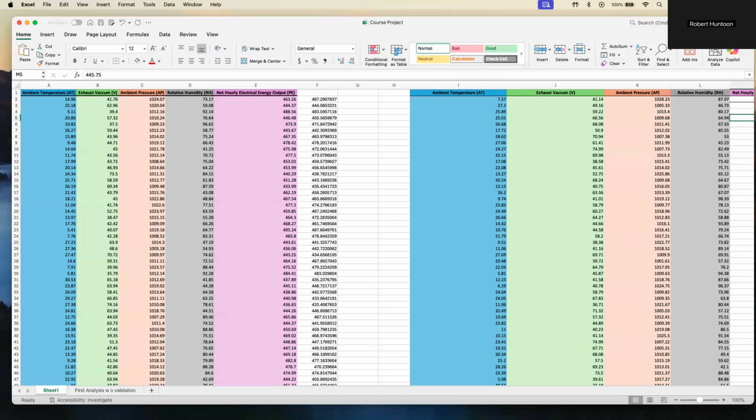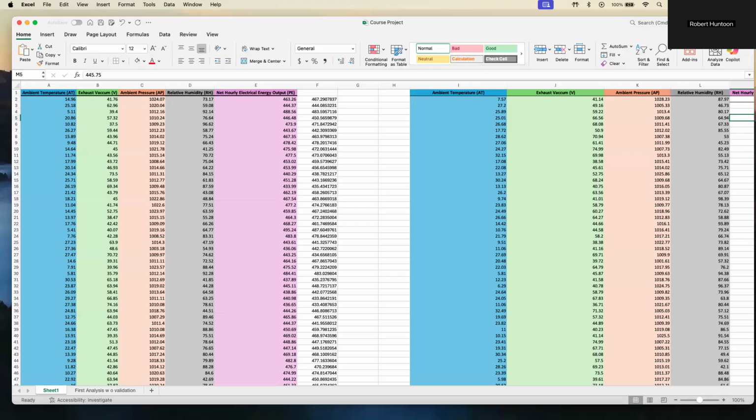Also, exhaust vacuum and ambient pressure are good as well. Obviously, we were given those data sets and that information. Exhaust vacuum can directly impact the efficiency of a steam turbine power plant and the energy output here.